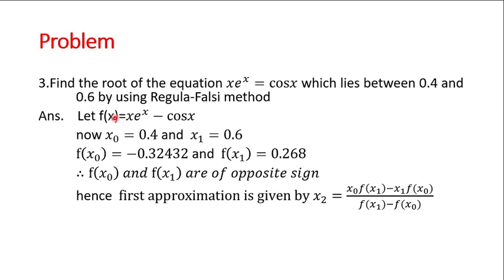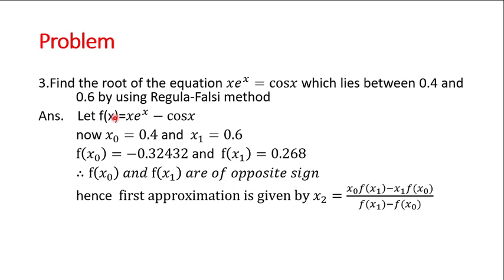Shift ln, then x is there, alpha closed bracket, then display is x into e to the power of x. Next minus cos, alpha closed bracket, x will be displayed, then close the bracket once again, we get x e to the power of x minus cos x.